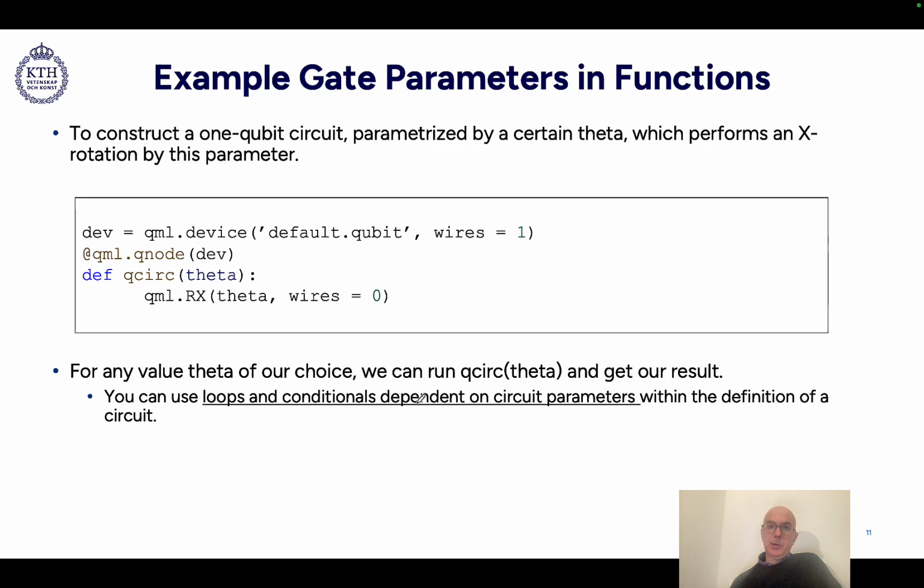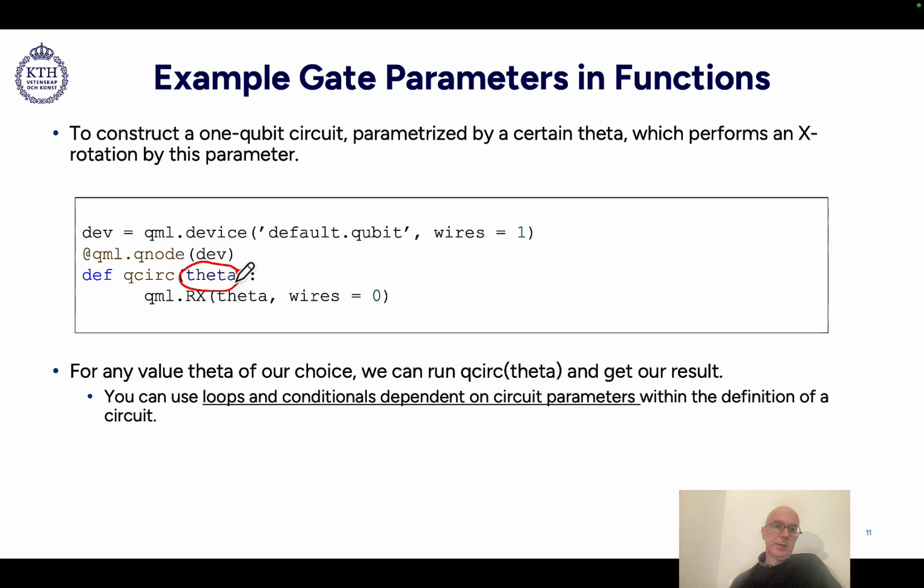Here is just an example of gate parameters in a function. The nice thing here is that we can provide in the quantum circuit description an argument, data, that we can change over time. We can also include loops and conditionals that depend on the circuit parameters.